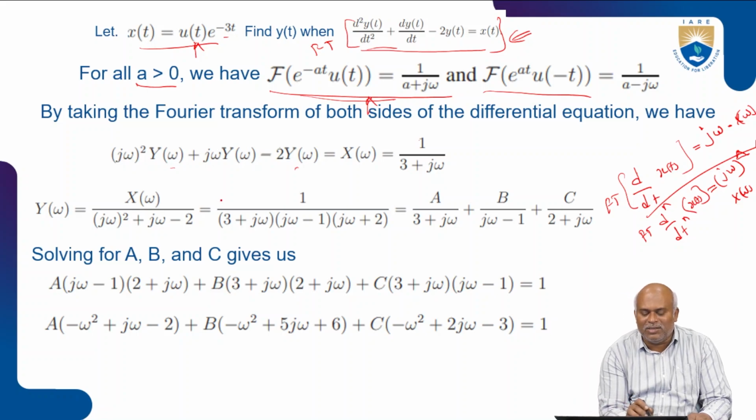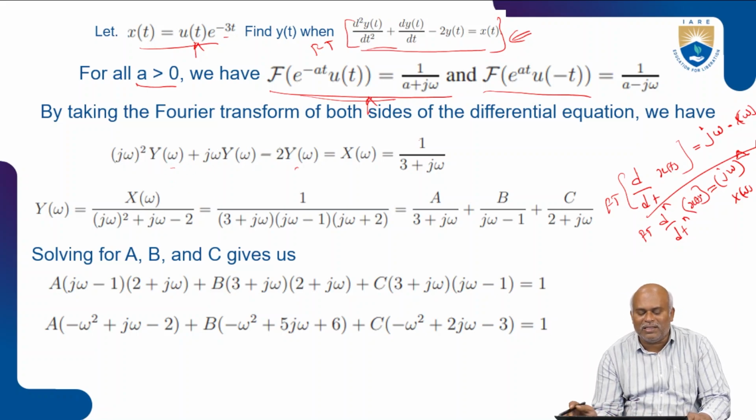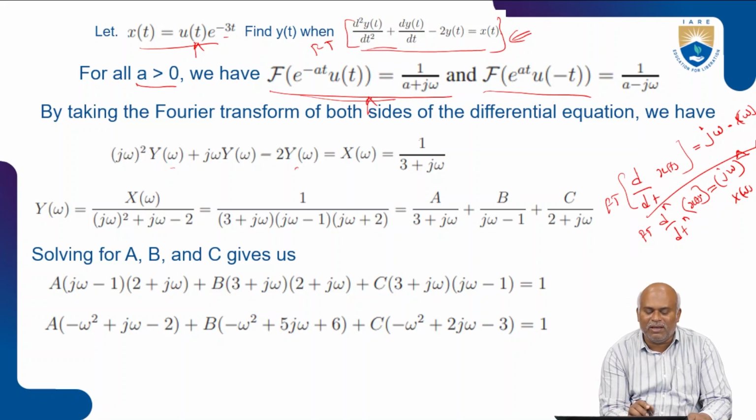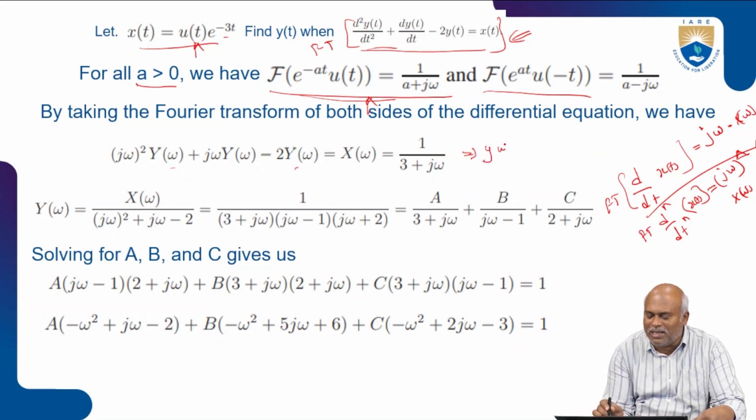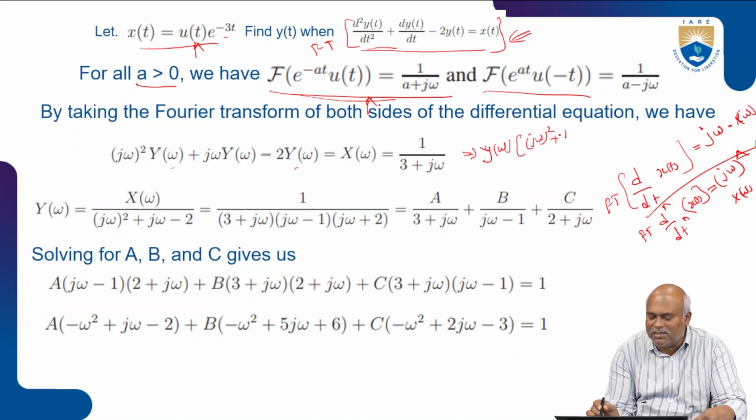In this term, we take Y of omega outside. What is left is (j omega) square plus j omega minus 2, and this value is equal to 1 by 3 plus j omega, times that value.